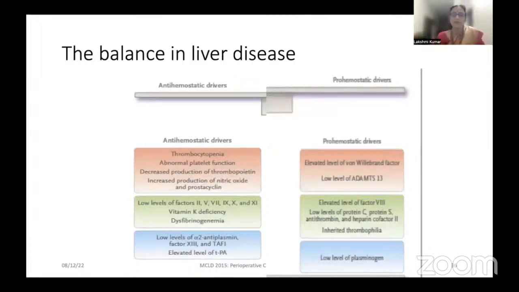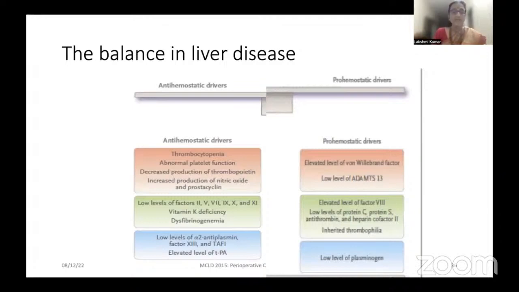Similarly, while you have low levels of coagulation factors, you simultaneously have decreased levels of the naturally occurring anticoagulants, protein C and protein S. And while you have elevated levels of tPA, which starts fibrinolysis, the substrate for starting fibrinolysis, plasminogen, is low. So this is called a rebalanced coagulation.